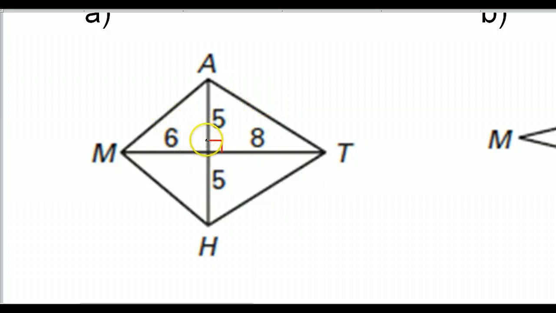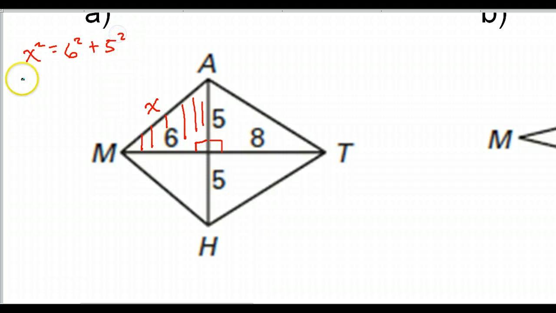So for example, go ahead and put one over here too. On this side, if I look at this triangle right here, I'm highlighting in red, I'll call this X. So X squared is equal to 6 squared plus 5 squared.